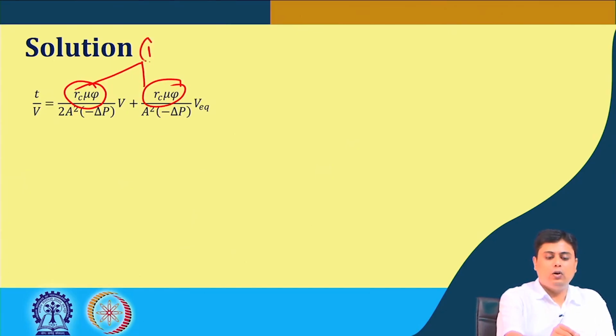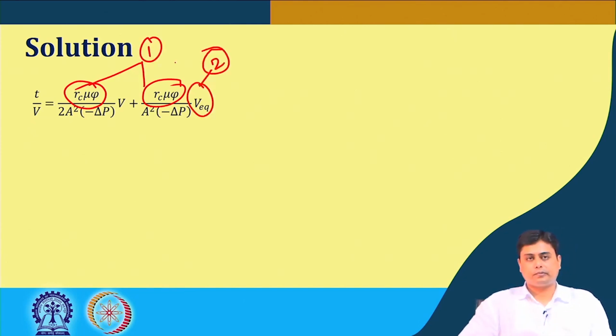This is one unknown, and this is the second unknown. If you find these two, then you can find t for a particular V, because A and delta P are given.